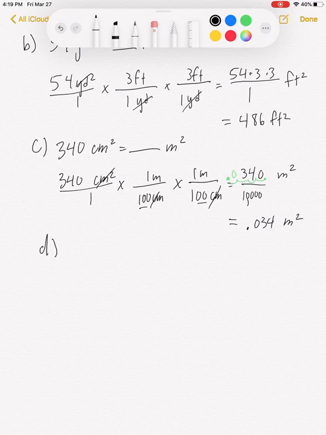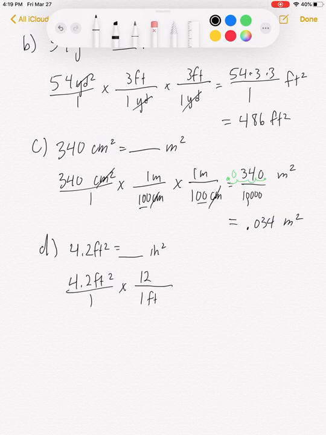D. D is 4.2 feet squared equals blank inches squared. Okay. So 4.2 feet squared over 1. I need to convert to inches, and there's 12 inches in 1 foot, so there's 1 foot on the bottom there for this 12 inches on the top here. And I need 2 feet, 2 feet squared.